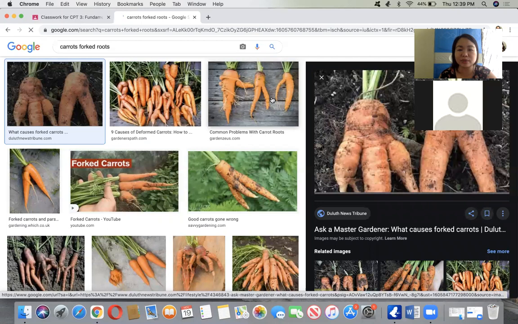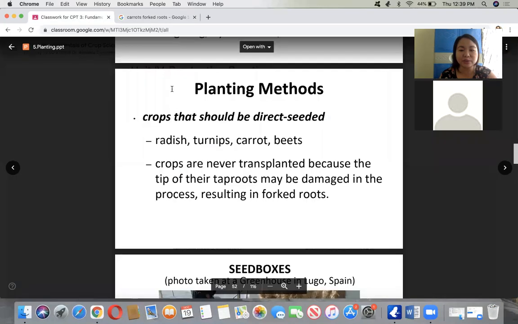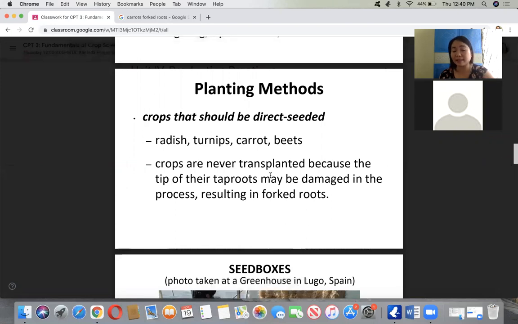This happens on root crops like radish and turnips. If you transplant them, they will have fork roots.